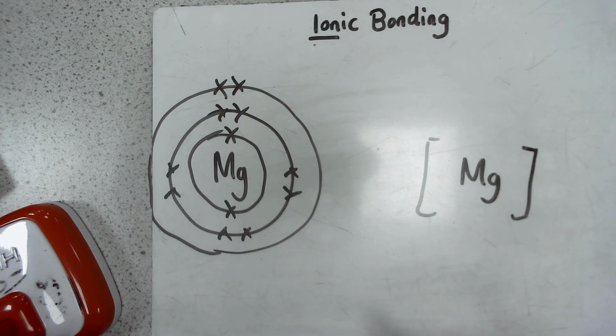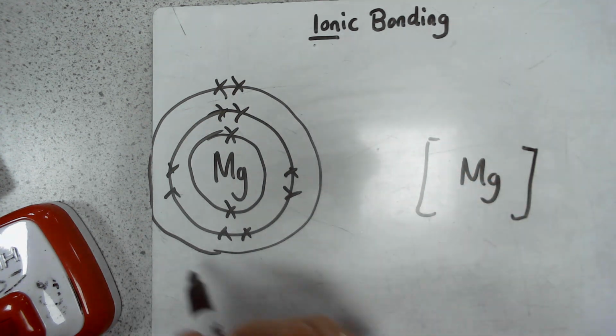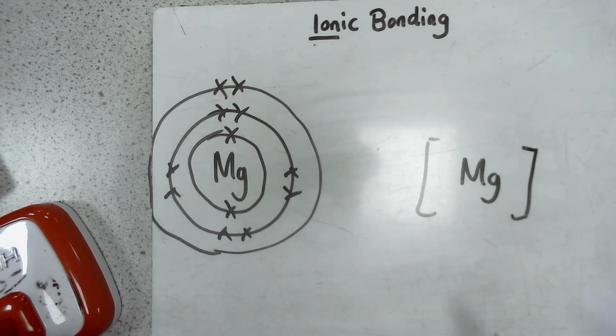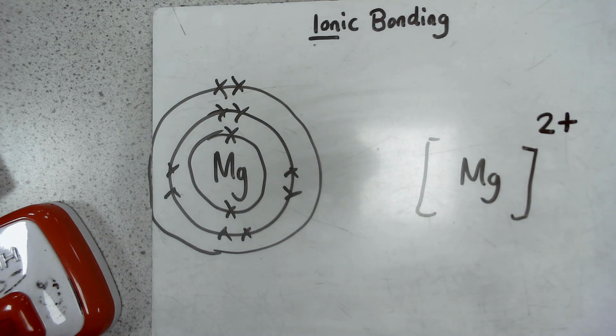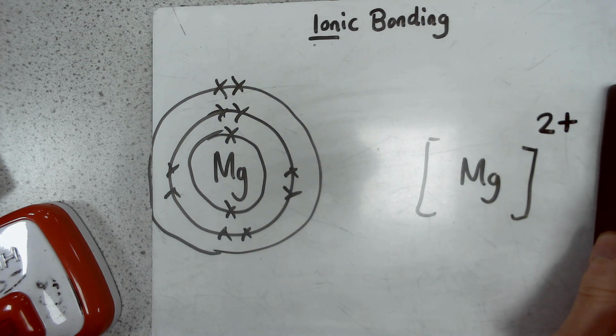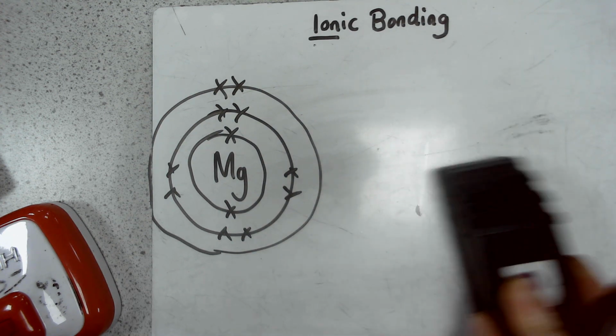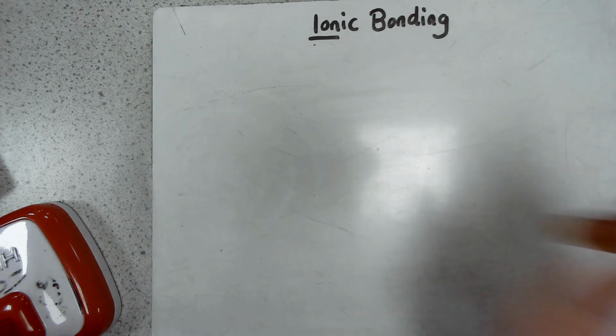Now, simple question, is it easier for it to gain 6 electrons or to lose 2 electrons? Very easily, it's easier for it to lose 2. If it loses 2 electrons, the charge on the ion will always be 2 plus. Okay? Always be 2 plus. Now, one other nice little tip here when you are trying to figure out the charges is this.